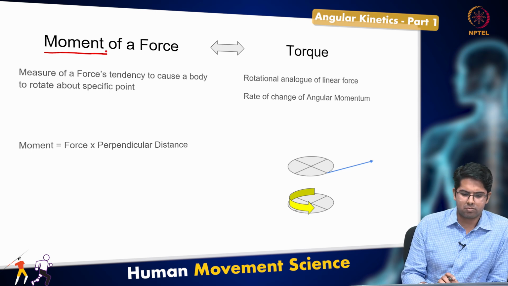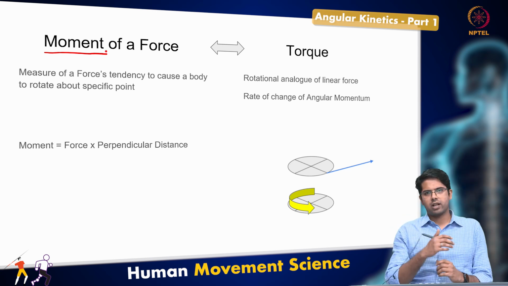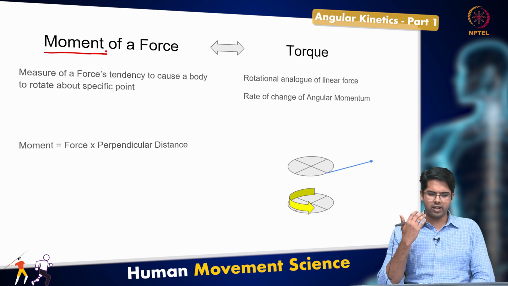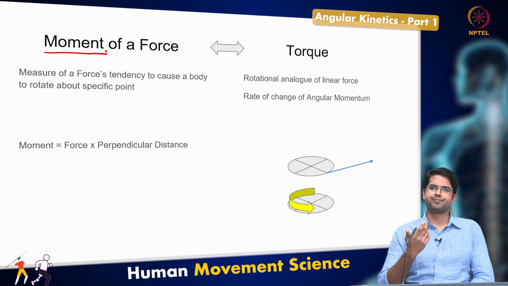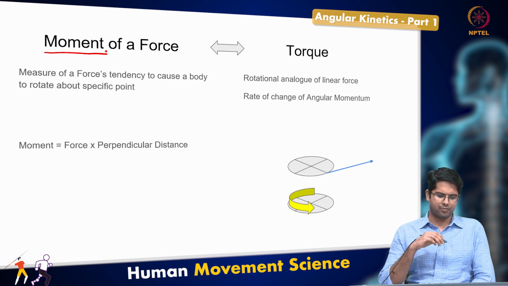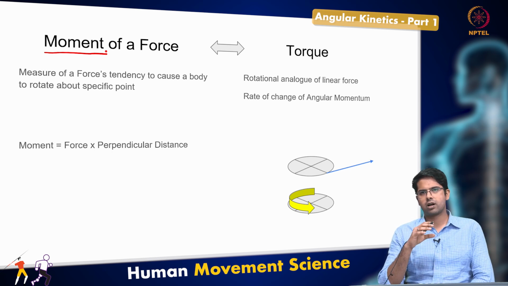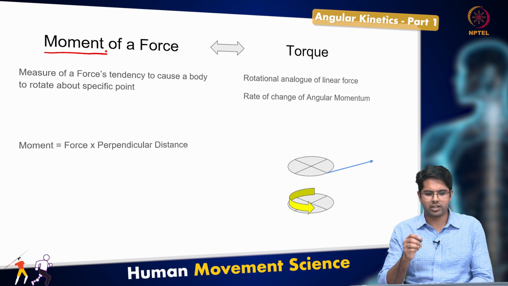Okay, so moment is typically used in terms of a linear force when it can cause a rotary motion, right? Moment and torque are sometimes used interchangeably, and even mathematically they end up being the same. At this point, it's more semantics than anything else.